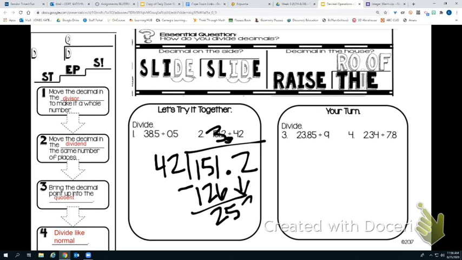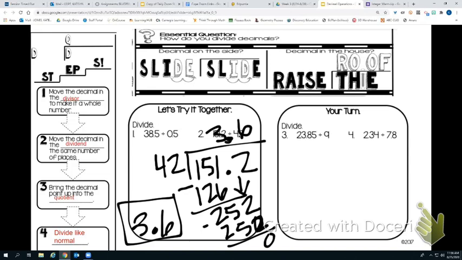And you bring down your 2. And then 42 goes into 252 6 times. And that's perfectly even, so we don't have a remainder left. So your correct answer for number 2 should just be 3.6.